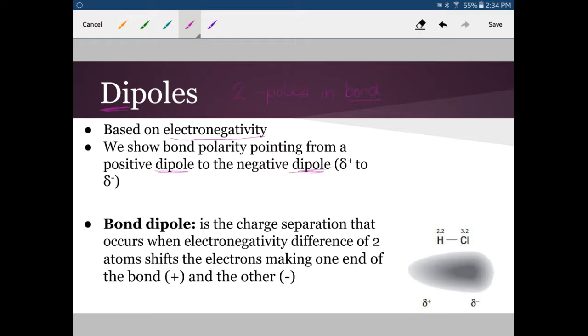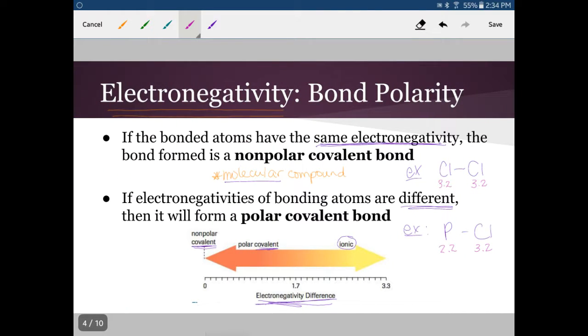Now if we go back to our example, and actually let me just jump back here. The one thing I didn't do here, sorry, I'm just going to jump back for 1 second, is I didn't give you an example of an ionic compound. Let's do that really quick before I move on. If we look at sodium and bromine, okay, we get an ionic bond.